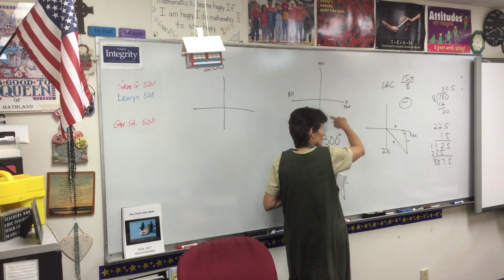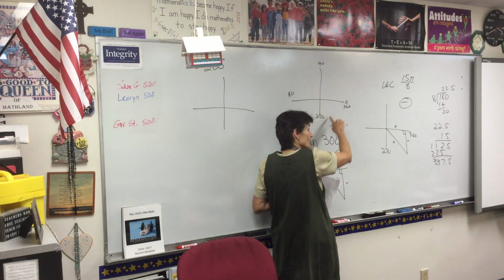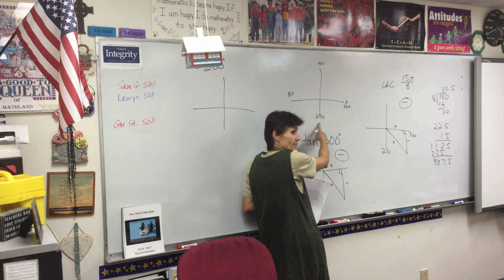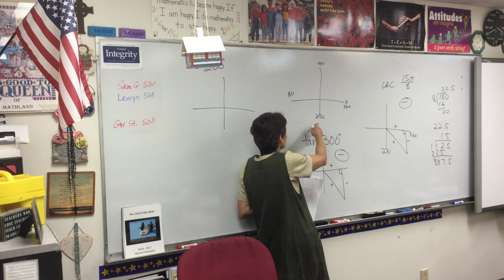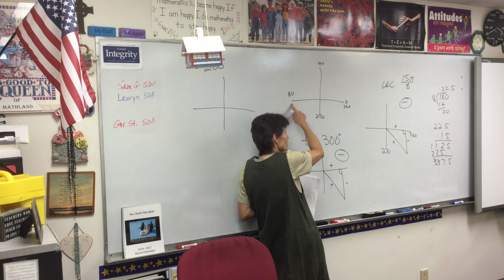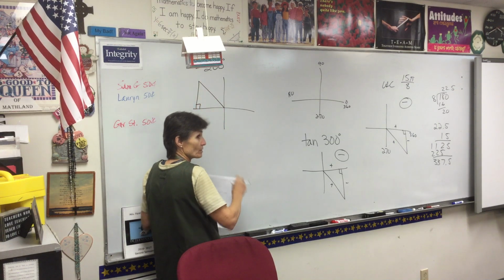The negative angles are this way. Positive goes up and around, negatives go down. So this would be negative 90, and this would be negative 180. So negative 200 is actually in quadrant 2.